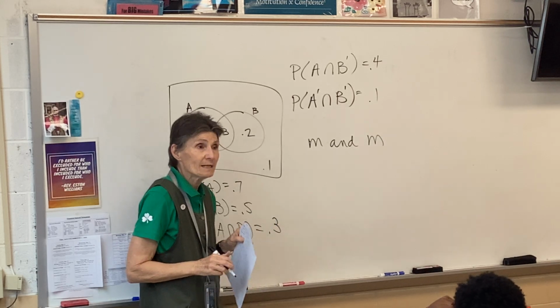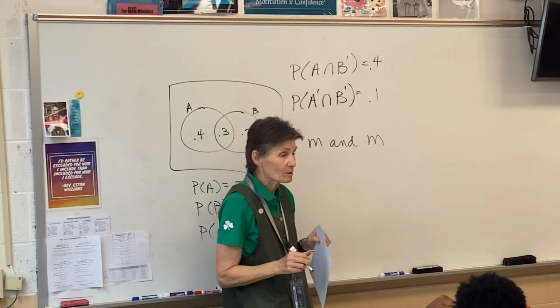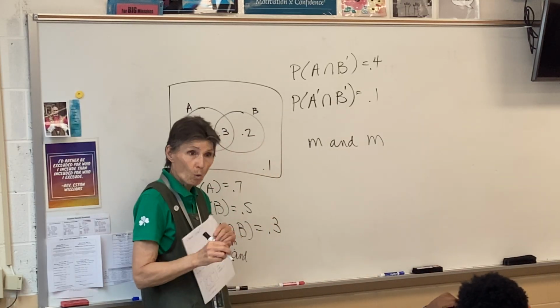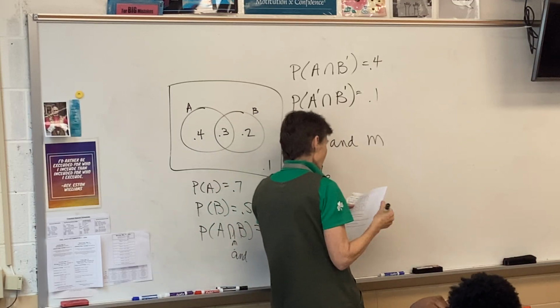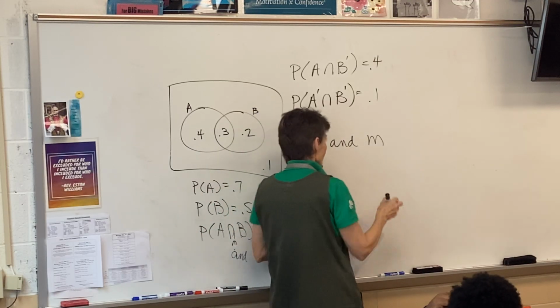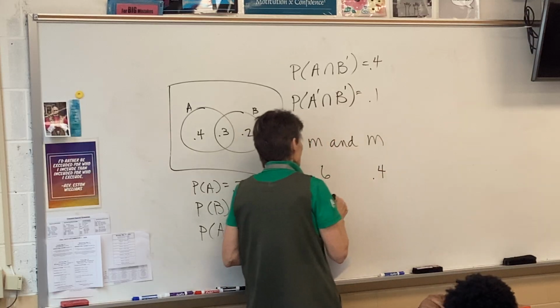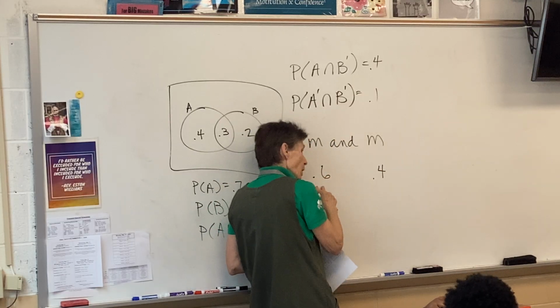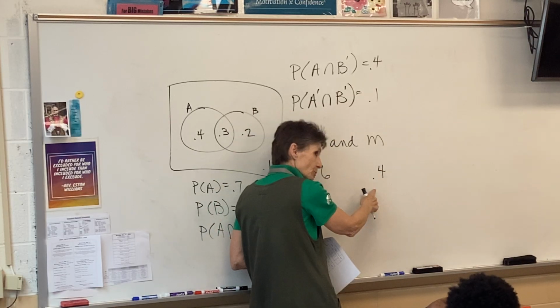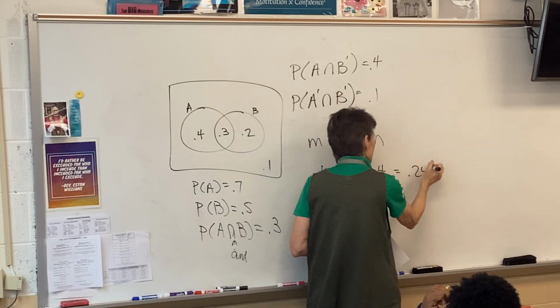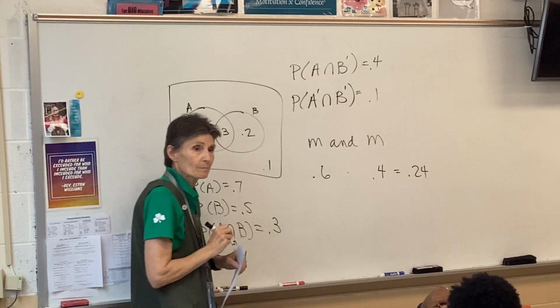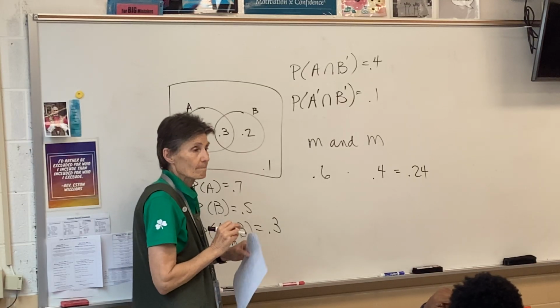Well, what's my probability for class 1? 0.6. What's my probability for class 2? 0.4. Since I need class 1 and class 2, I'm going to multiply those and get 0.24. Is that biased?